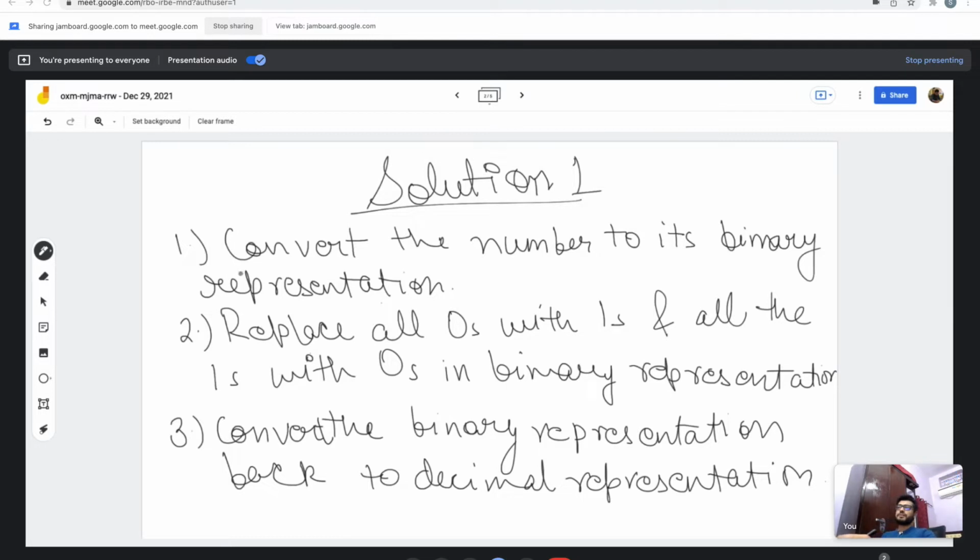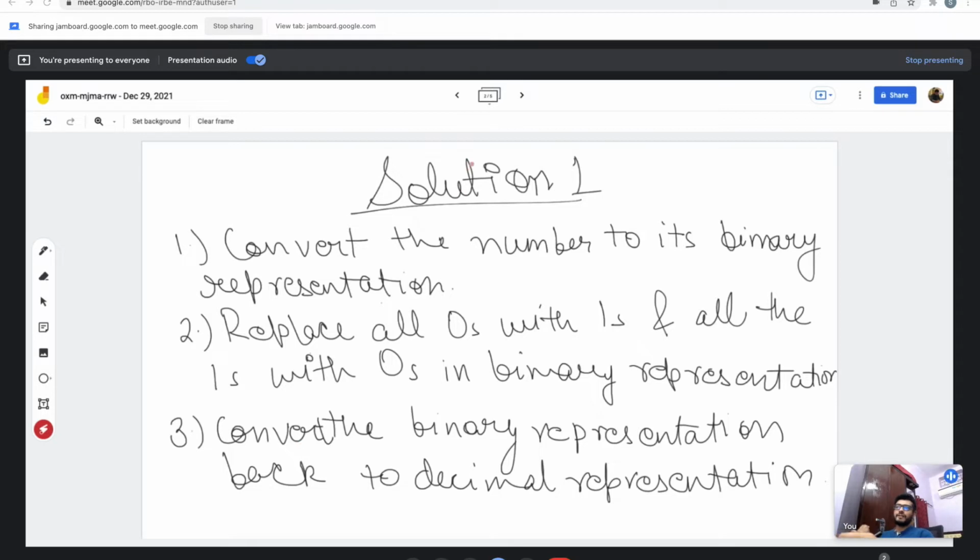In the first solution, we are going to do exactly what the problem statement says. First, we convert the number to its binary representation. Then we replace all the ones with zeros and zeros with ones, and then we convert the binary representation back to decimal.